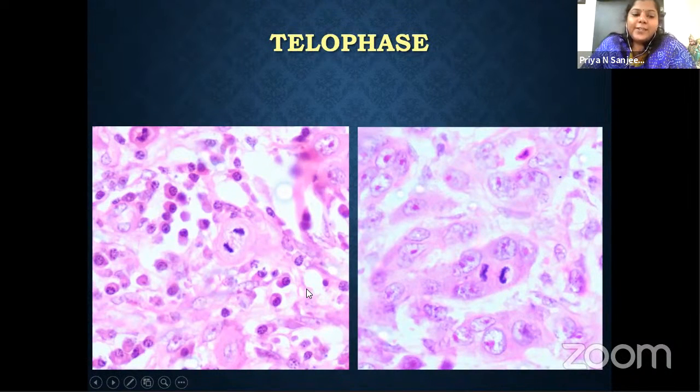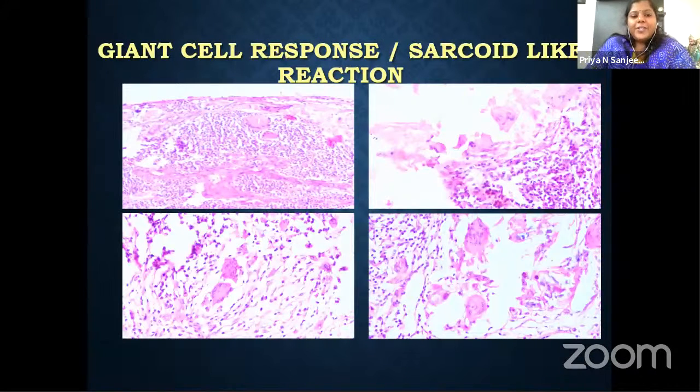So you can identify the increased number of normal mitotic figures in a lymph node metastasis, and sometimes you can also see the abnormal mitotic figures in the form of tripolar configuration or star-shaped mitotic figures. Then additionally, sometimes there can be a giant cell response in lymph node because of the keratin.